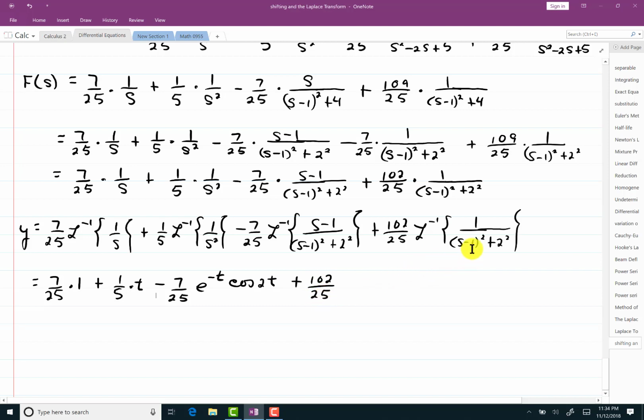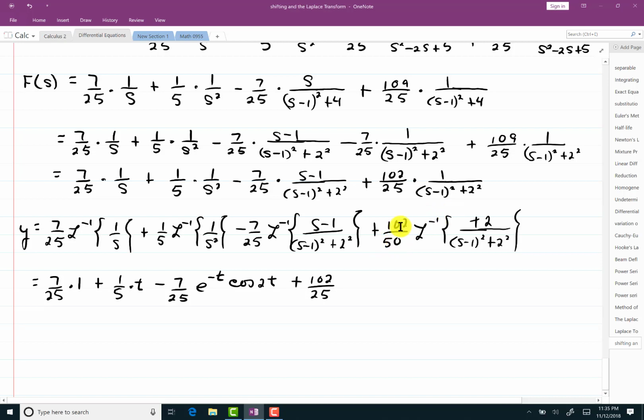this would be sine of 2t, except it is shifted to the right 1 unit, and in sine there was a k in the numerator here. That means I should replace this with, not k actually, the k is 2, I should replace it with a 2. In order to do that, I need to change this 25 to a 50.